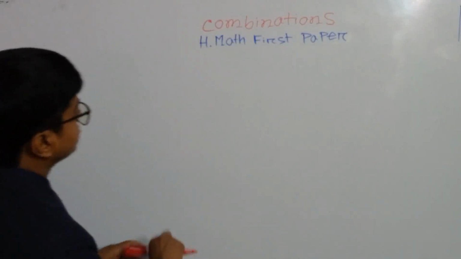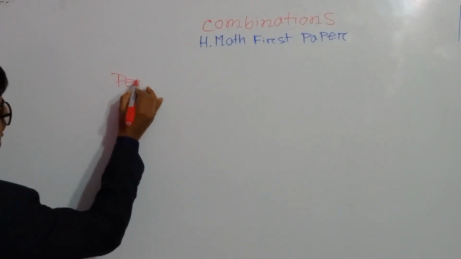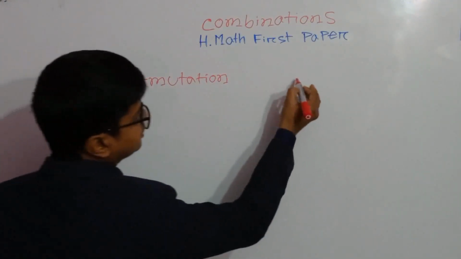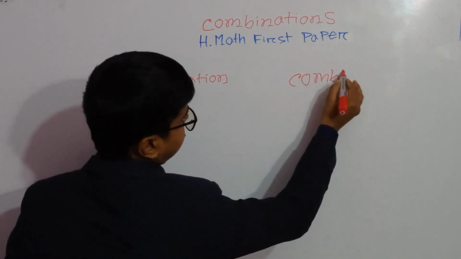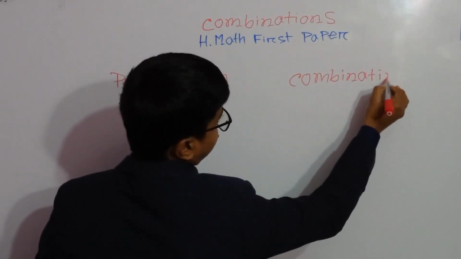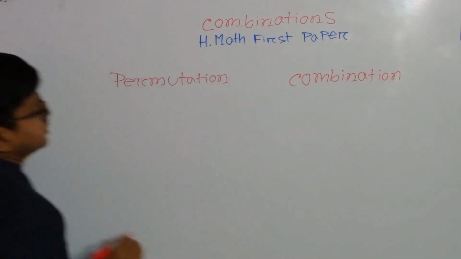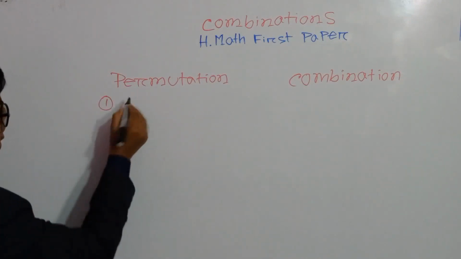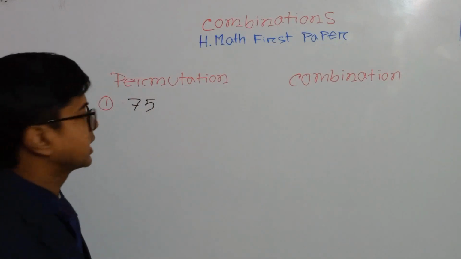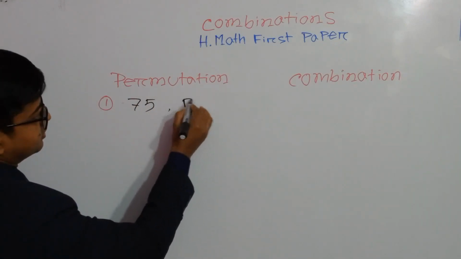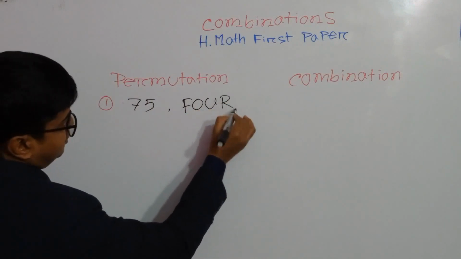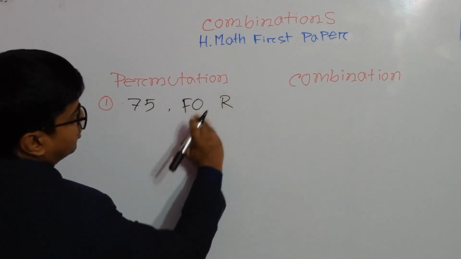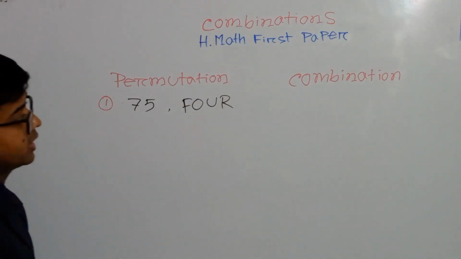My dear students, look at the board. Here, permutation. Here, combination. Suppose 75 is one kind of number and 4 is one kind of word.